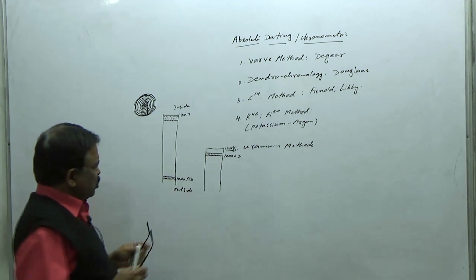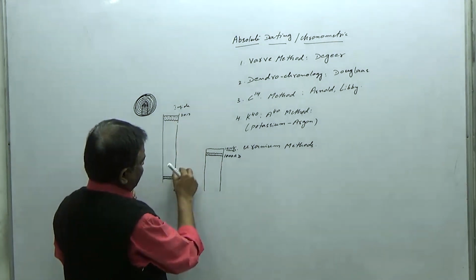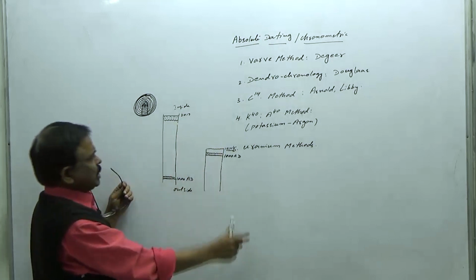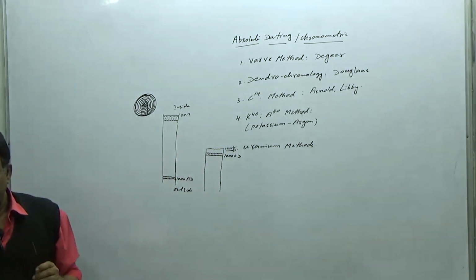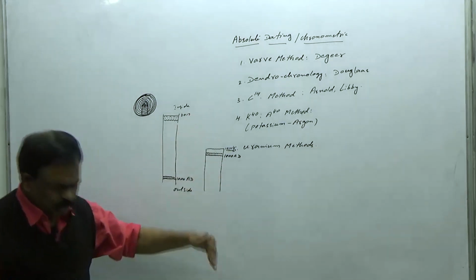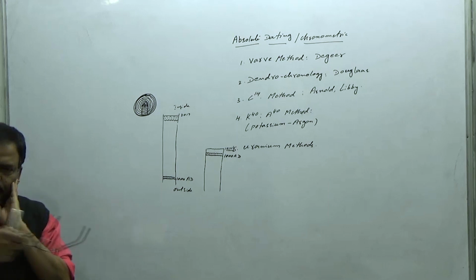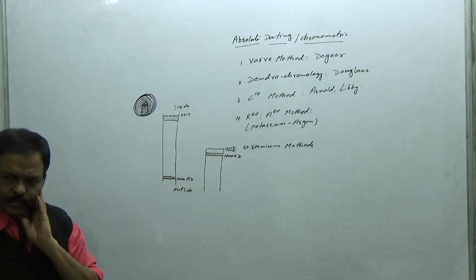Somewhere it is going to match all these lines. Okay, from here it is matching. That means that year the people cut it, then they produced a monument.